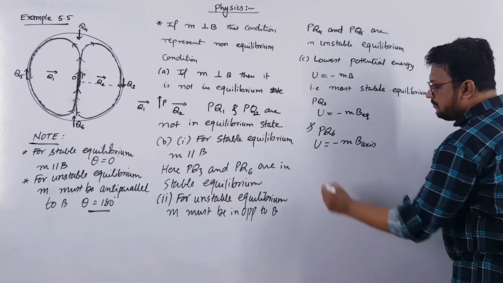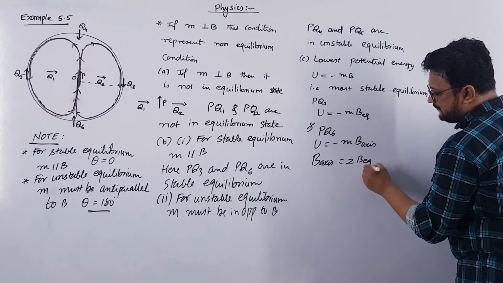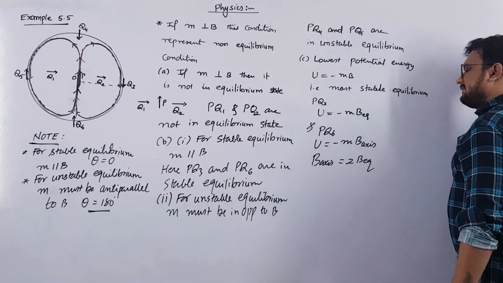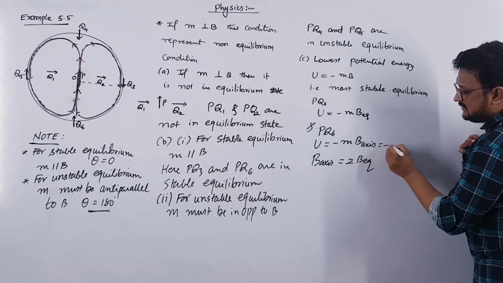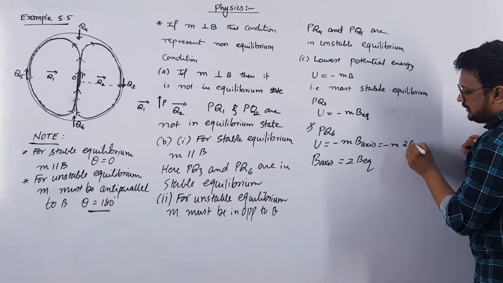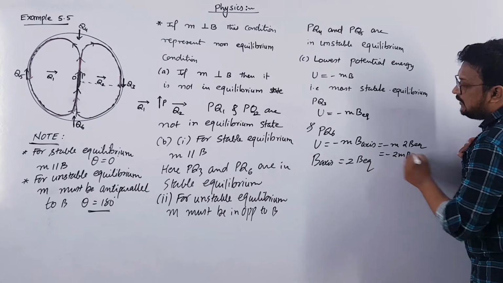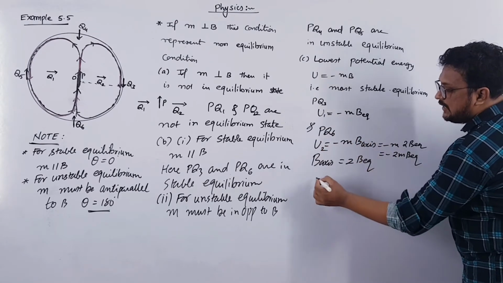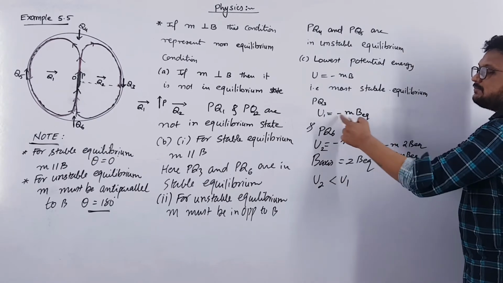Now remember, B of axis is 2 times B of equator, right? So here you can say that this is minus M into B of axis, which is 2 times B of equator. So that is minus 2MB equator. If this is U1 and this is U2, then obviously U2 is less than U1, because this is minus 2 and this is minus 1.